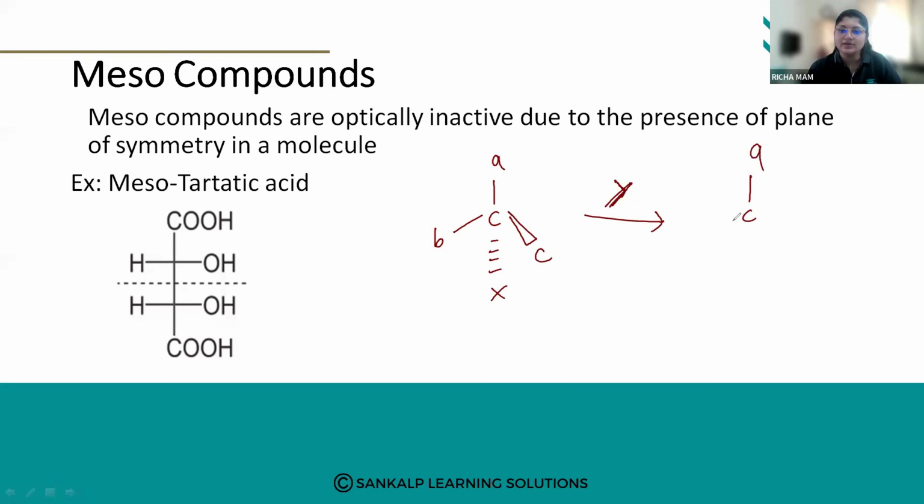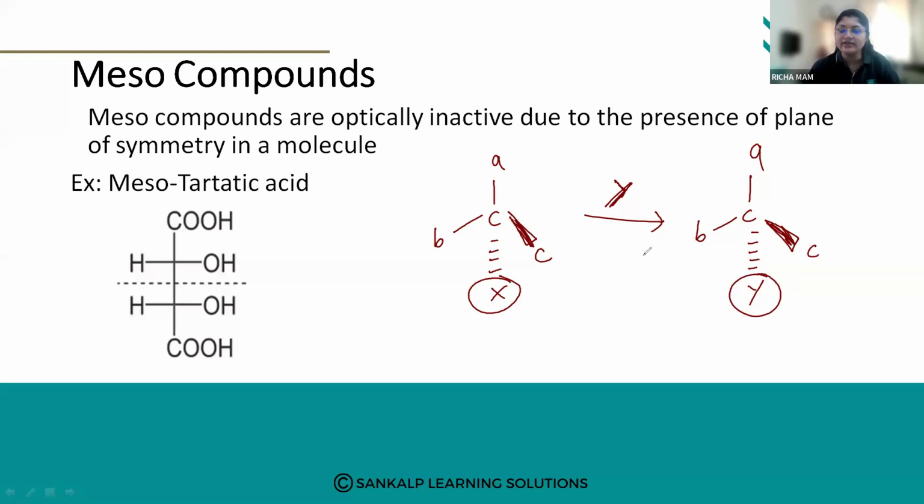What is happening here? With B, Y and here is C, is the configuration, the spatial arrangement, changed? Are the bonds changed? No. Only the X atom has been replaced by the Y atom. The rest of the bond arrangement is the same.